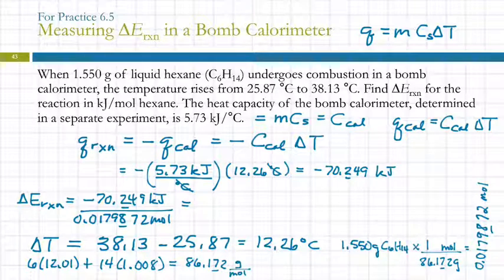So I've got negative 70.249 divided by 0.0179872. I get minus 3905.4.